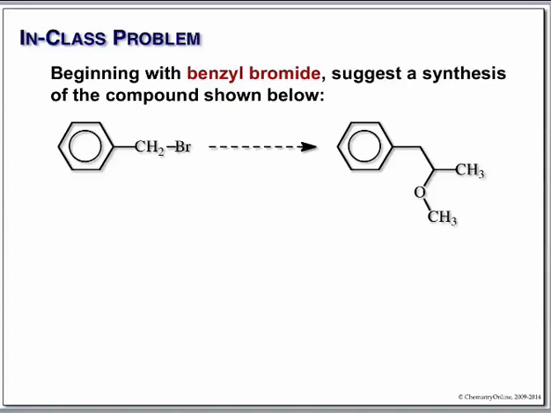In a Williamson ether synthesis, we take an alkoxide and react it with an alkyl halide. We could have methoxide as our alkoxide, but then we would have to introduce a leaving group a couple of carbons away from our ring. That's going to be more difficult.